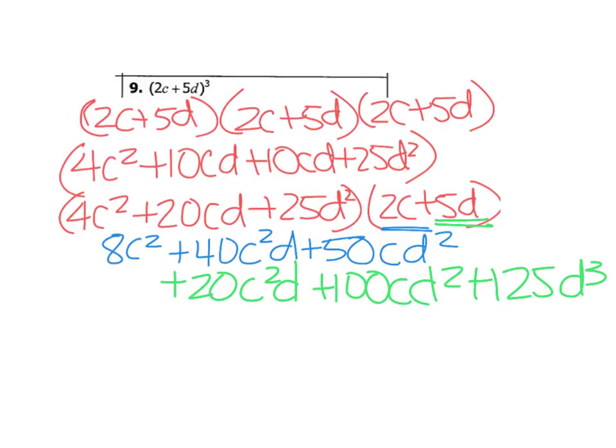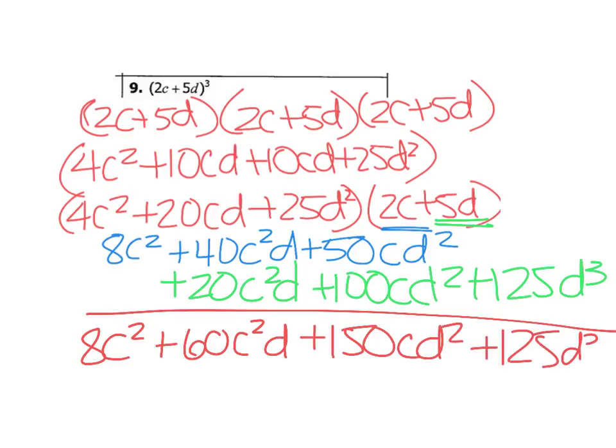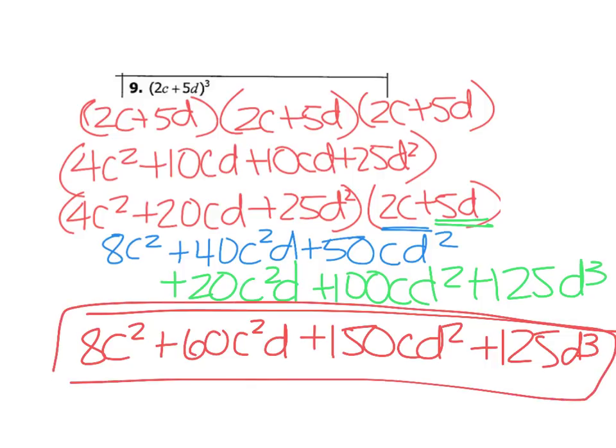All right, now as you can see, I lined up all the like terms, so it'll make it easy to combine like terms. So we end up with 8c to the third plus 60c squared d plus 150cd squared plus 125d to the third. All right, and that's our final answer.